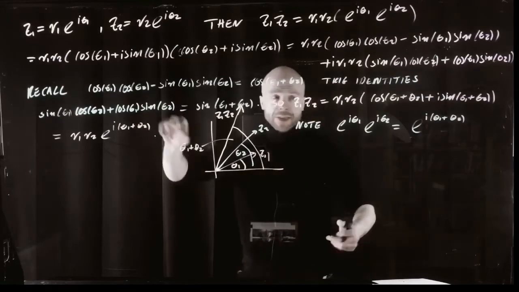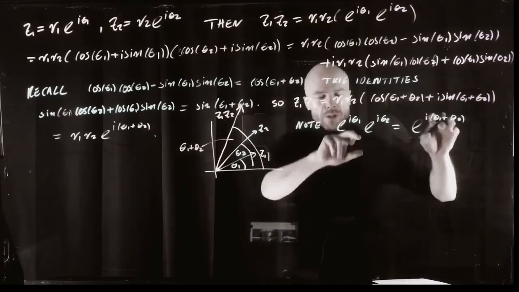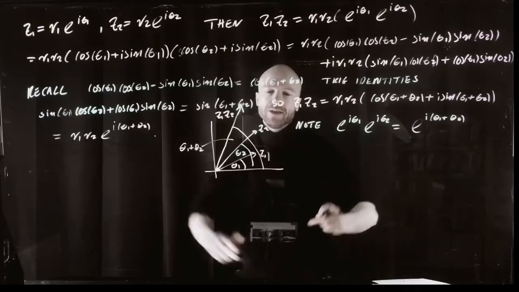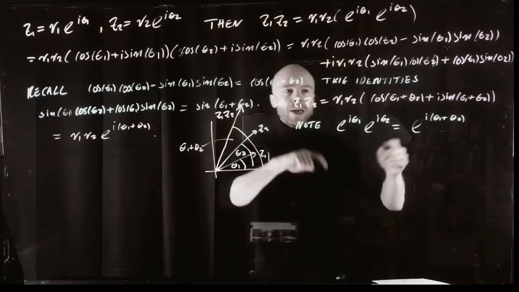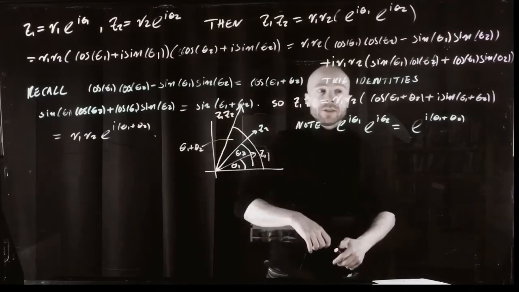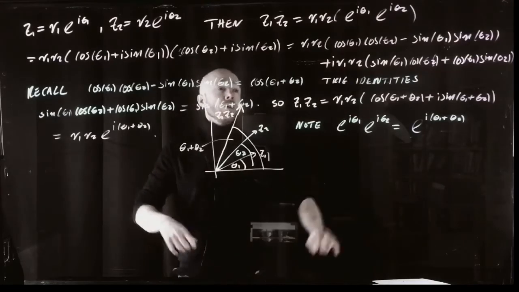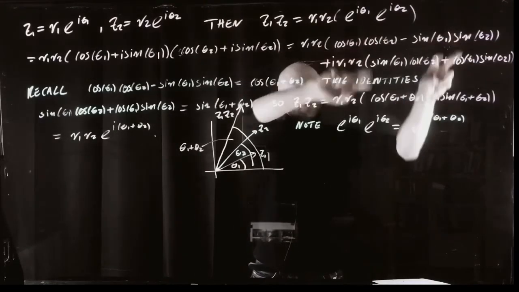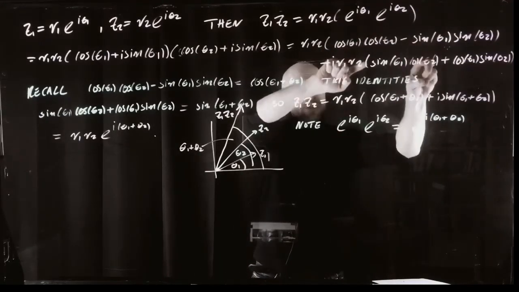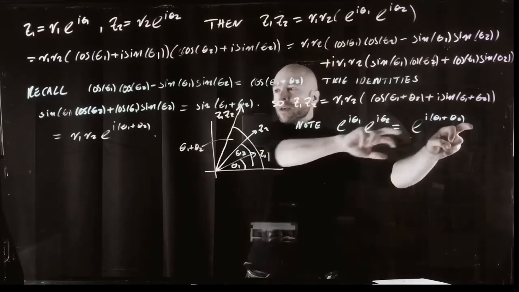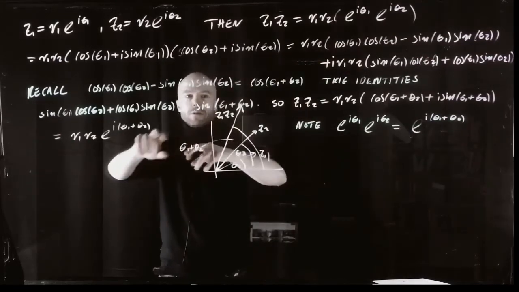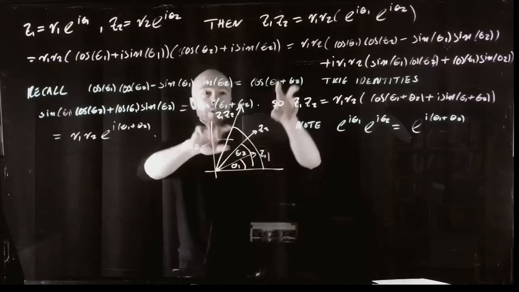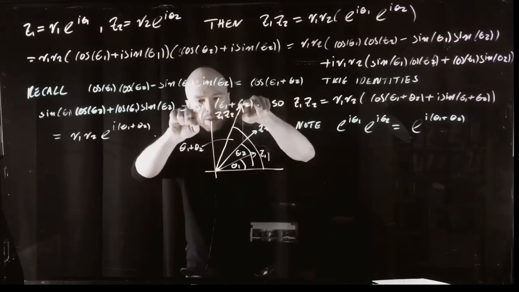We use the trig identities to get this fact, but if you assume this fact, you can get back the trig identities. Because if you write out what this means, this thing here, which is this thing, is equal to this thing, which is this thing plus I times this thing.